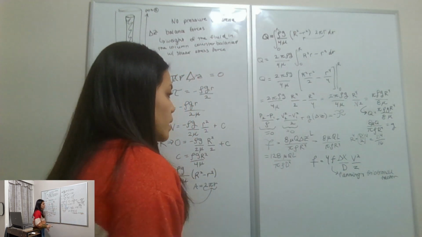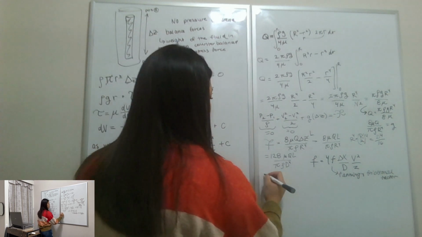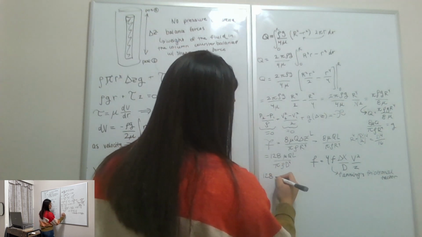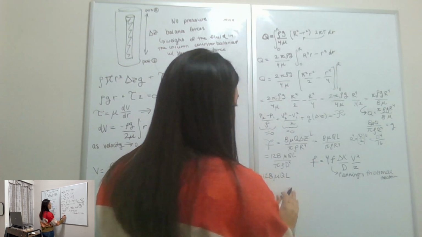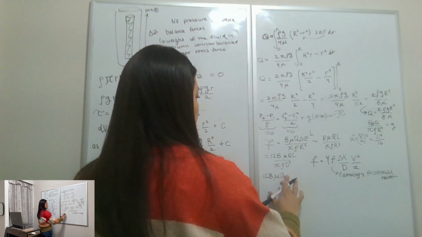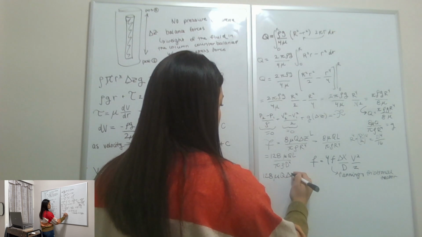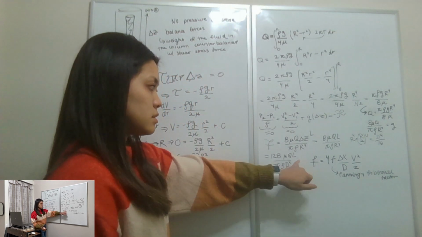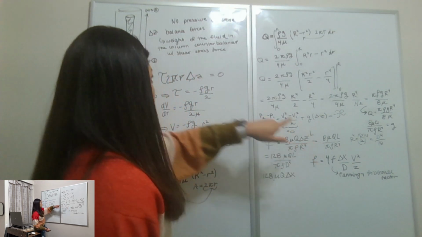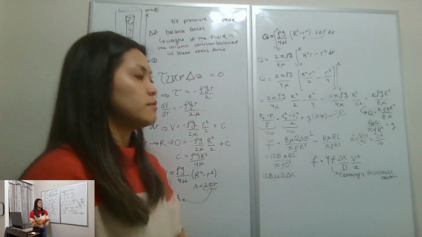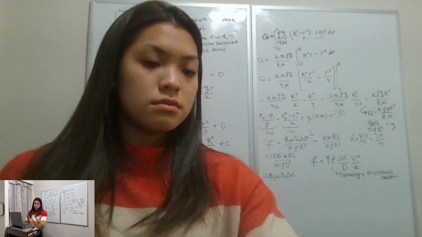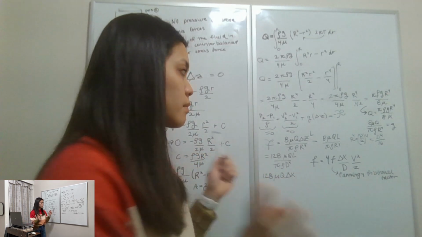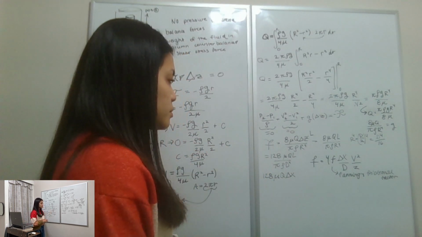And so if we were to set these two equal to one another, we have 128 times the viscosity times the flow rate times the length. Because we're going to be simplifying, this length here is also the change in the position. This was earlier the change in the height, which we defined as length because it was negative, which is really just the length of the cylindrical column.